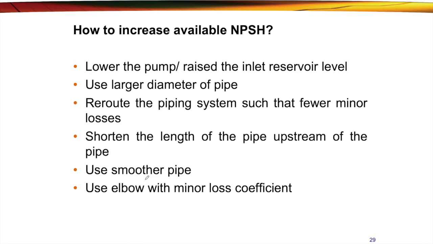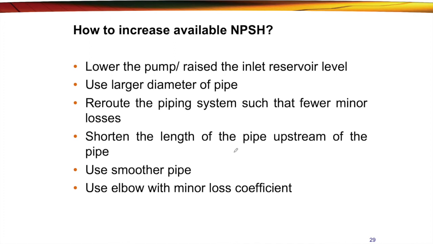Then next is reroute the piping system. When you reroute the piping system, you will actually reduce a few fittings, or use a shorter length of pipes. Next is shorten the length of the pipe, since the major losses contribute a lot to your delta P value.